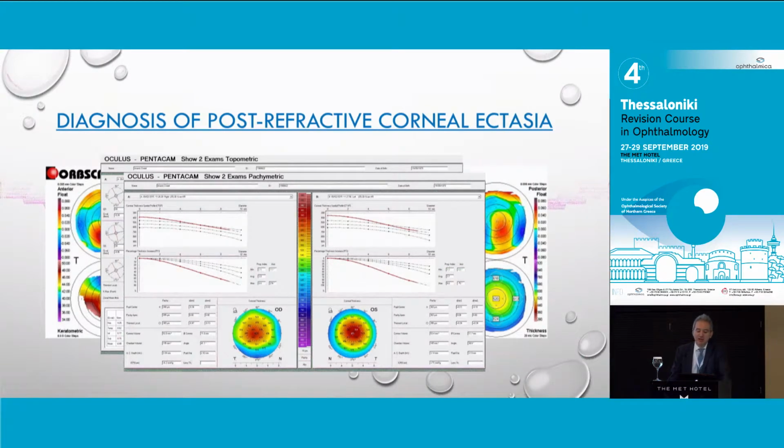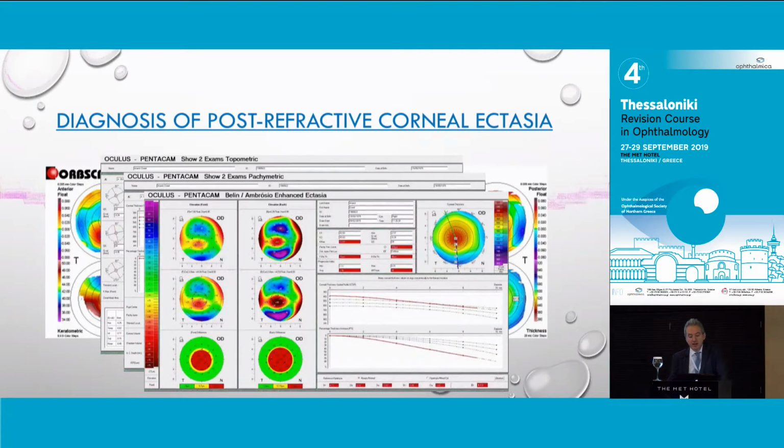In this case, it's a central area of steepening and thinning. And again, we have back elevation of the posterior surface. I have to mention that the back elevation is a finding that we don't necessarily see in post-LASIK ectasia, for example, after a SMILE.